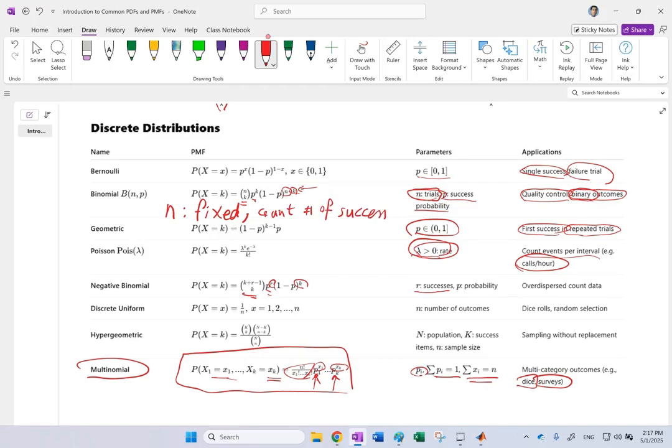In the negative binomial, on the other hand, R, the number of successes, is fixed. So you want to count what? You want to count the number of failures before reaching our successes. Here the number of successes is fixed, and you want to know the number of failures, the chance of failures. K represents that.